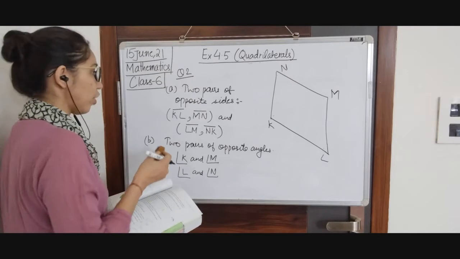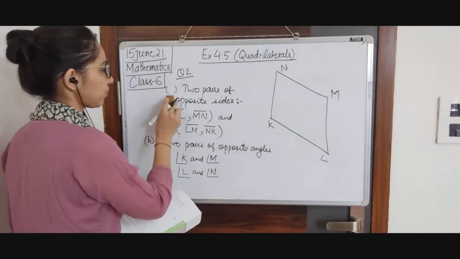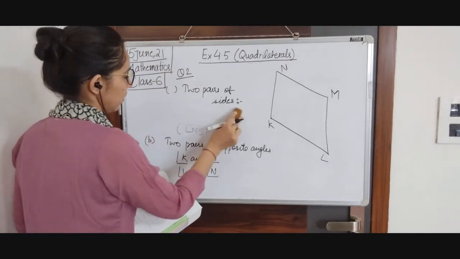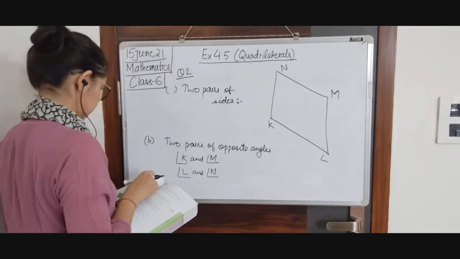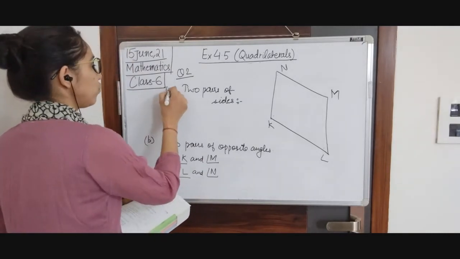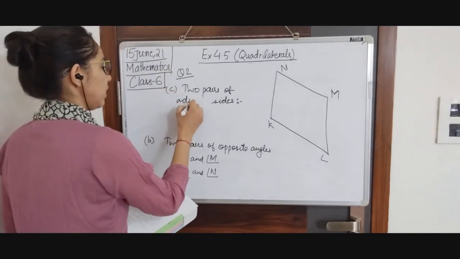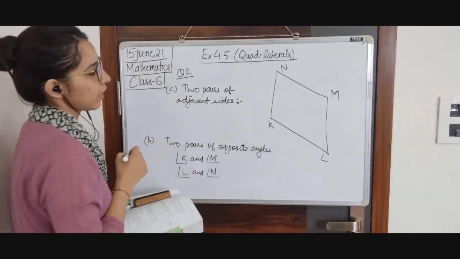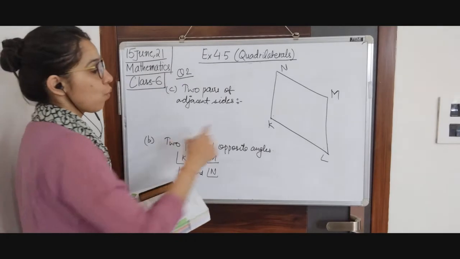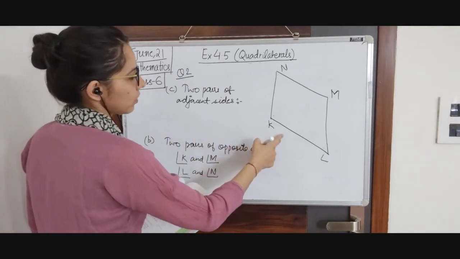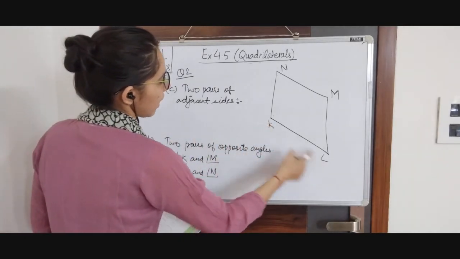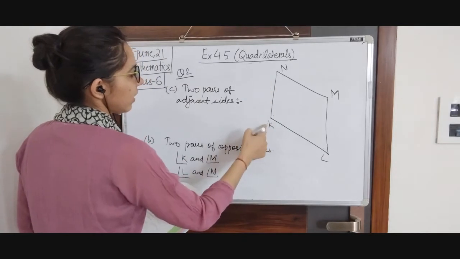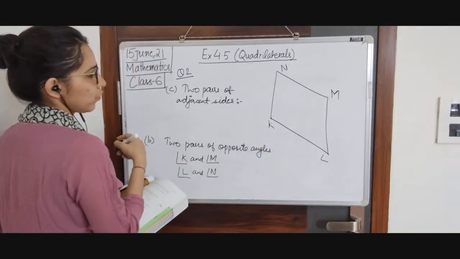Next is two pairs of adjacent sides. Adjacent sides means they have one vertex in common. Like KL and KN, they have vertex K common between them.